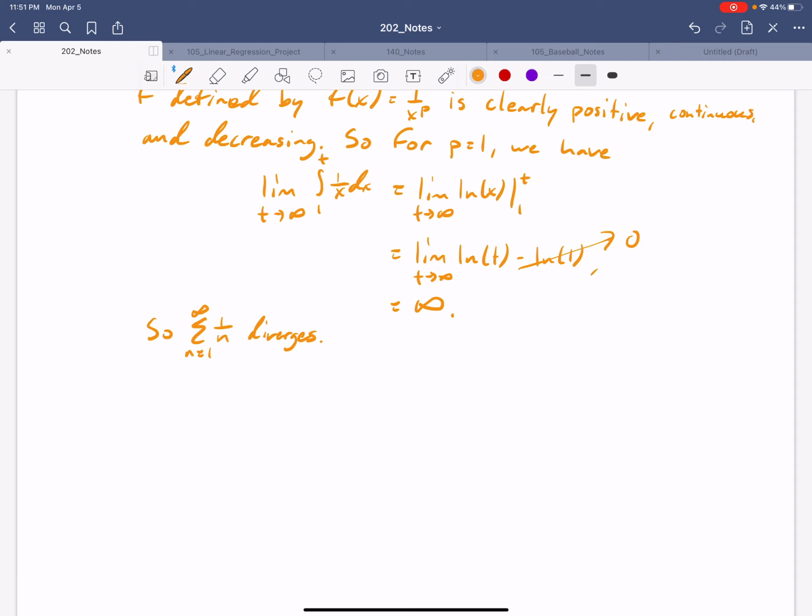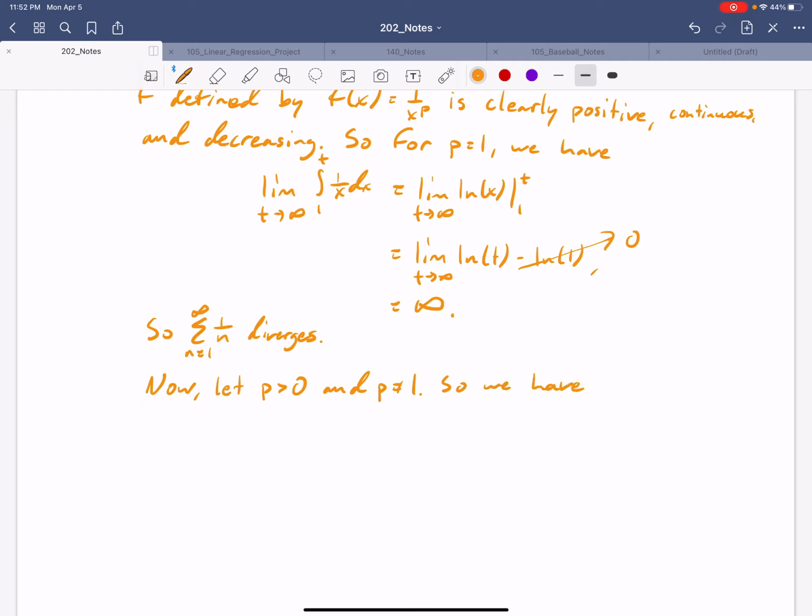So we'll say, now, let p be greater than 0 and not equal to 1. Okay, so we're not considering the special case where we have ln for the integral, right? Now when we integrate, we're going to use a reverse power rule, right?